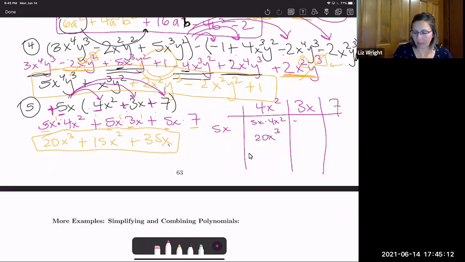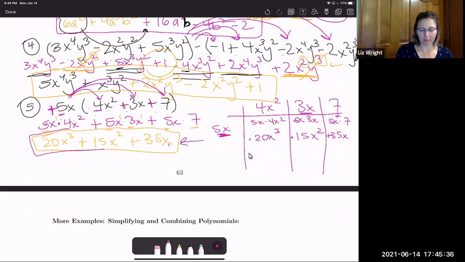And then in this box, I'm doing 5x times 3x, which is going to give me 15x squared. And then finally, I'm doing 5x times 7, and that's going to give me 35x. And then when you're done, you'd say, okay, well, that's a positive, and that's a positive, and that's a positive. And then you're writing your answer out so it looks exactly like we have right here. So you can do the table method, or you can just kind of show your arrows for what you're doing.